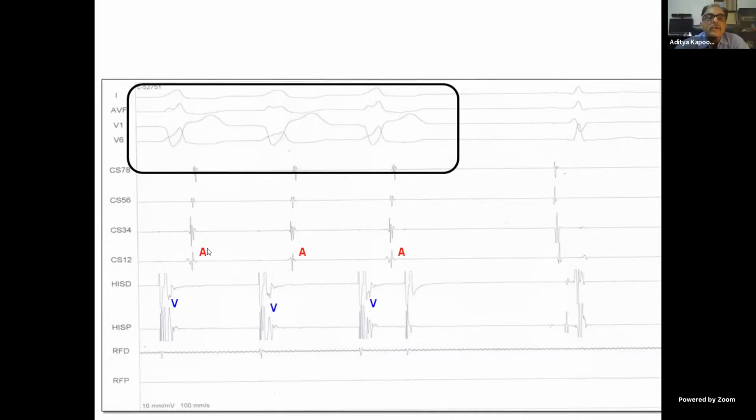I'll mark it out: V to A, V to A, V to A. Here there is only a spike, no V, and the proof is you can't see a 4th QRS here. So this interval becomes the ventricular effective refractory period.